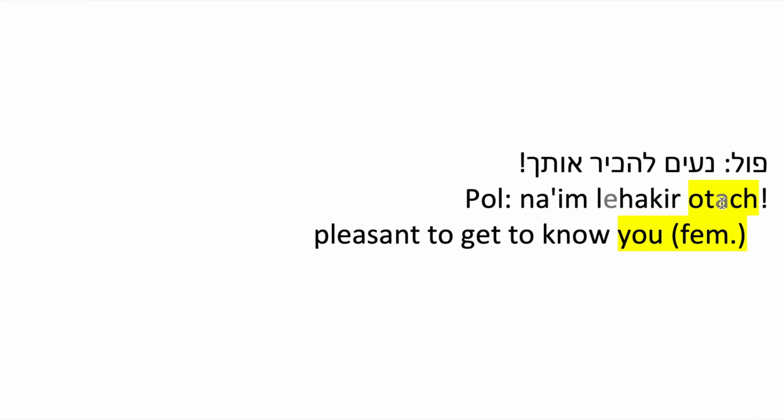Okay, something that does not come up in this text, but that I can teach you. How would Daniela say the sentence to Paul? If Daniela were to say to Paul, nice to meet you, how would she do it?